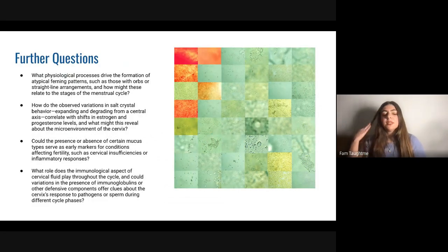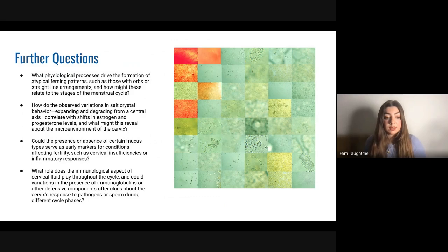And some further questions that I have are, what processes drive the formation of these atypical ferning patterns? How do the variations in the salt crystal behavior correlate with the shifts in estrogen and progesterone? And could the presence or absence of certain mucus types serve as early markers for conditions affecting fertility, like cervical insufficiencies or inflammatory responses?